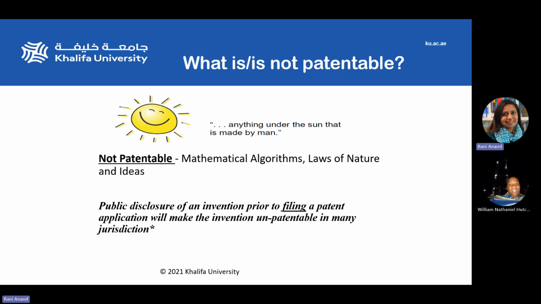Even though it's your own presentation or your own paper, you are losing your eligibility to file an application for the patent. There will be a legal objection to making a patent from a public disclosure or a prior disclosure of an invention.